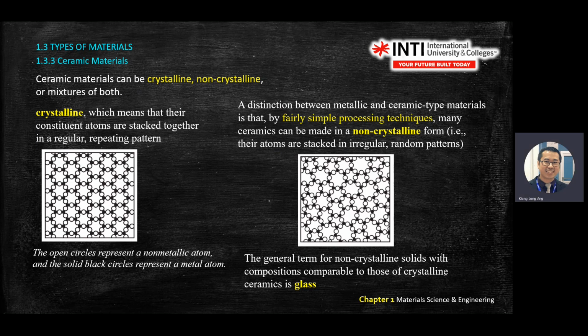For crystalline, what I'm looking at is a repeating pattern in this diagram, and then you explain what the black color is, what the space cycle is, and then you explain what non-crystalline is with the keyword atoms in irregular or random pattern. Then you give one diagram, explain what the black one and the circle are, right?